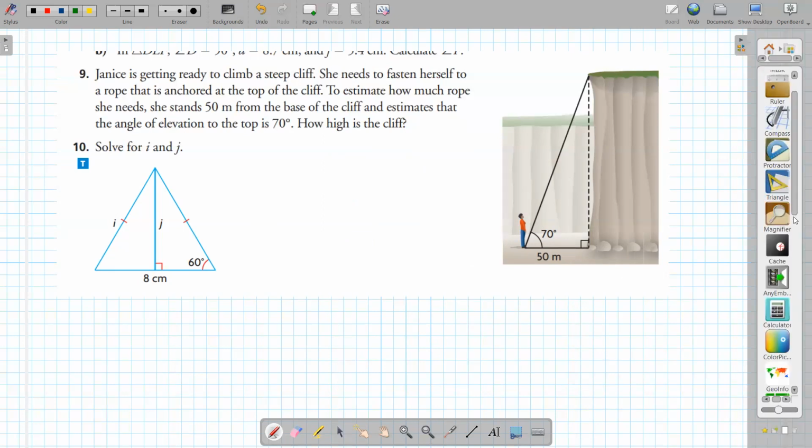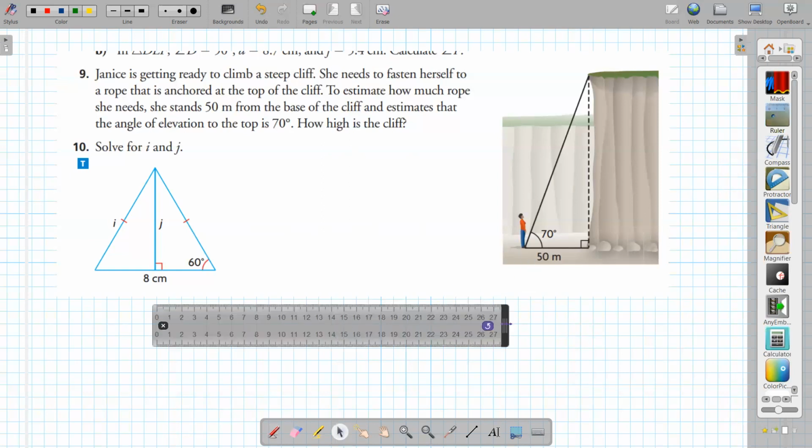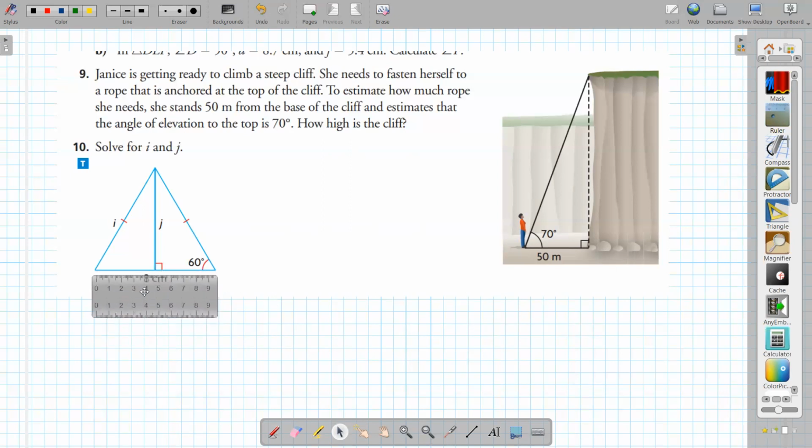Or does it matter? J. So that 8 is, let's see if it's actually 8. Anyways, it's scaled up. It shouldn't matter. We're going to do it a different way, but I'm just trying to see whether that 8 is the midpoint or not.